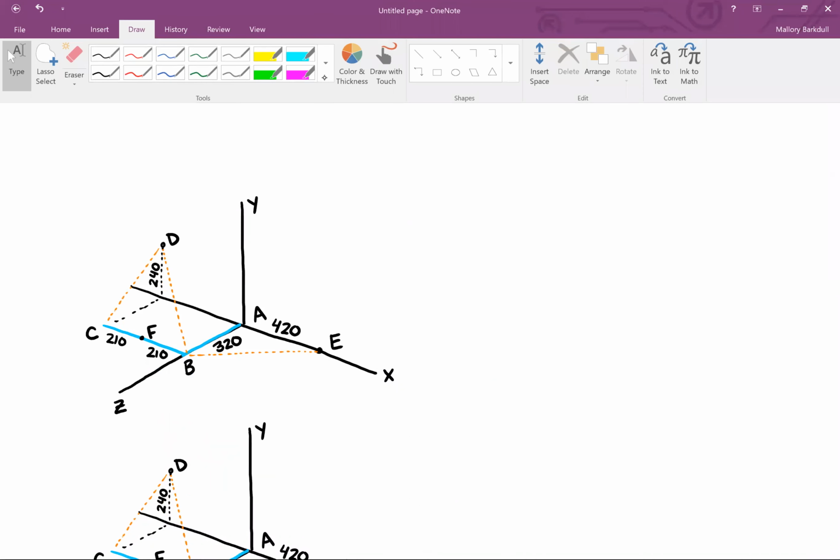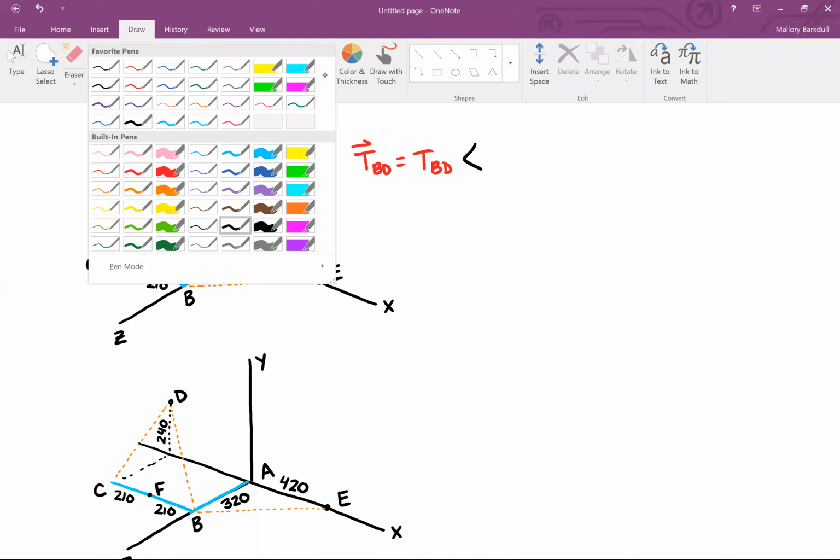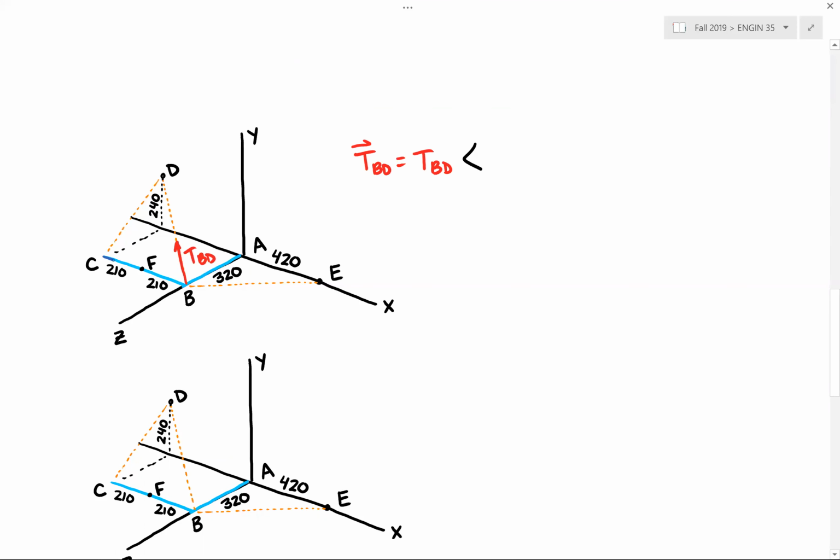So next we can do the same thing for TBD. The vector TBD is going to be the magnitude of TBD times how far we go in the x direction. So this one, to get from B to D, we need to go this far in the x direction. So that's going to be minus 420.